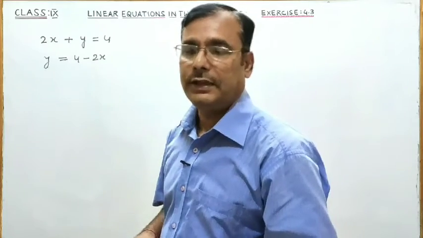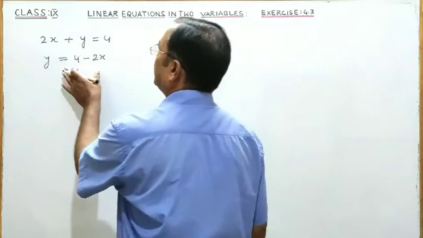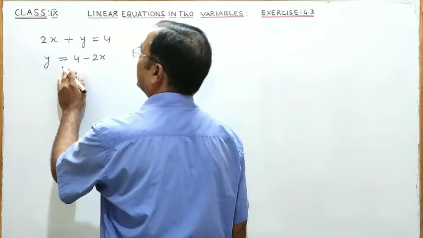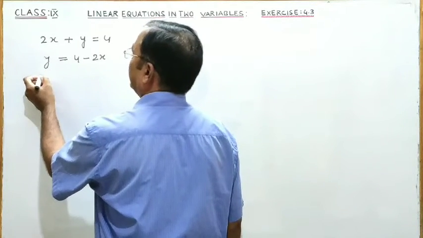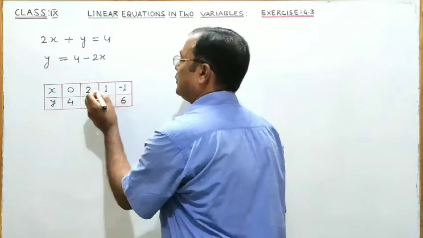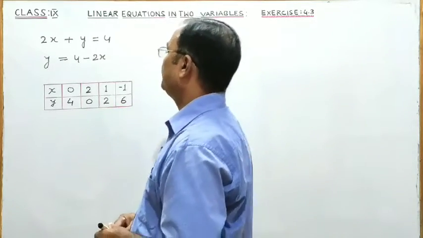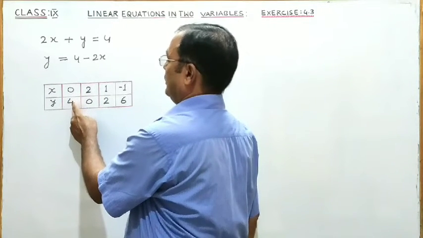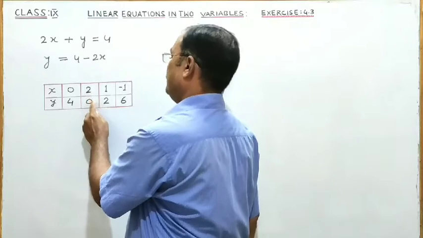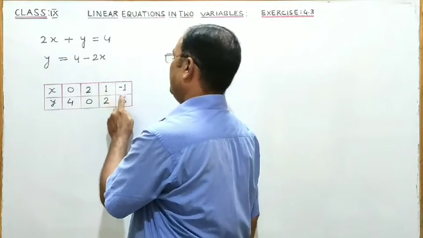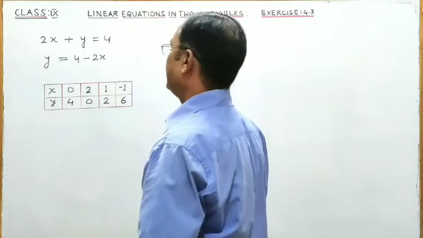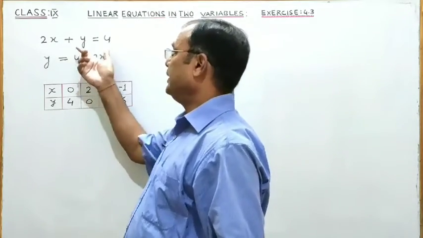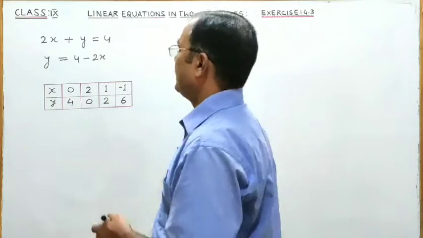Then we write a few solutions of this linear equation in a table like this. So we have written a few solutions: (0, 4), (2, 0), (1, 2), (minus 1, 6). So these are the solutions of this given linear equation.